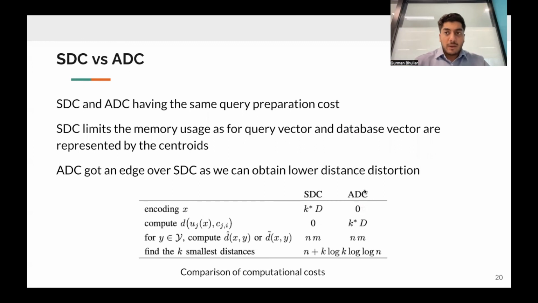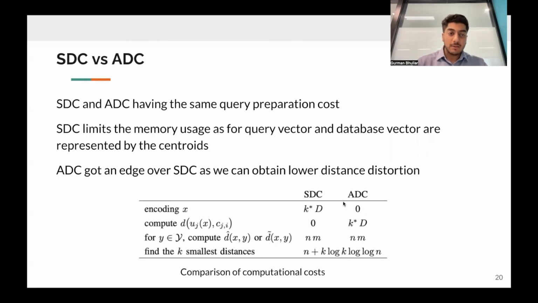Now we have discussed these two. Let's talk about the comparison. The query preparation cost is almost the same for SDC and ADC. But SDC limits the memory usage because we take the centroid values for both the query point as well as the data point.